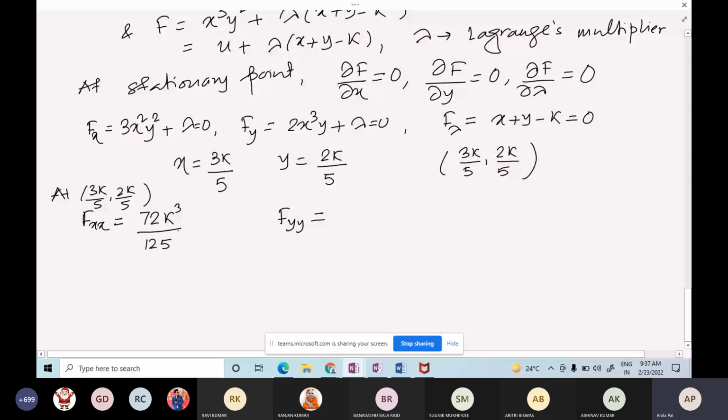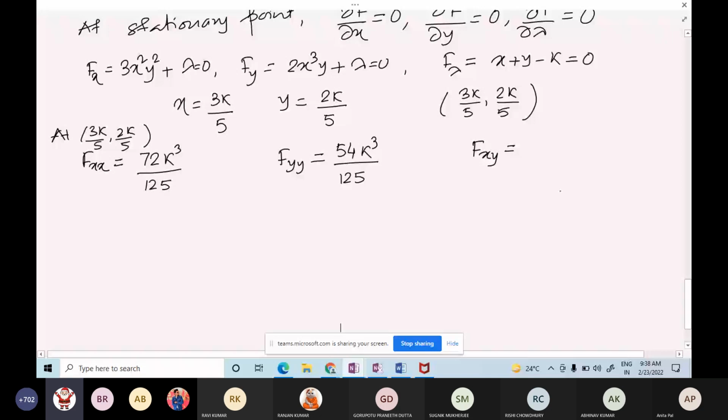Then fyy at 3k by 5, 2k by 5 is 54 k cube by 125. And fxy is 108 k cube by 125.